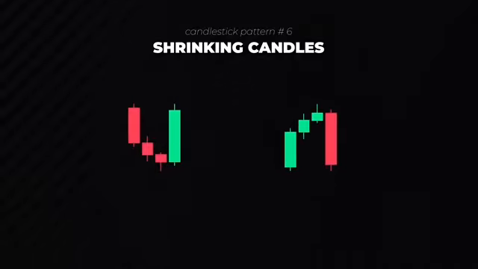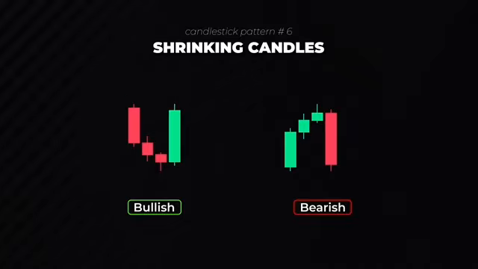There are 2 types of shrinking candles: a bullish shrinking candle pattern, where the 3 shrinking candles are red and the fourth candle is green, and a bearish shrinking candle pattern, where the 3 shrinking candles are green and the fourth candle is red. Whenever you see this type of pattern on a chart, it signals a possible reversal of the current trend.